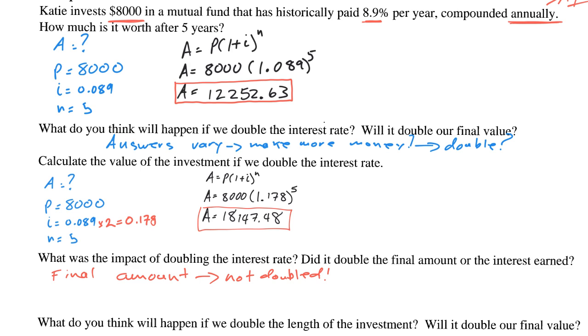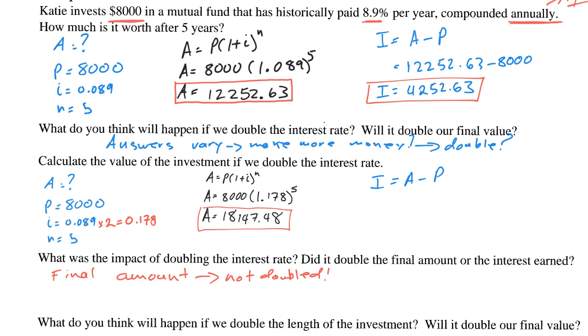So here's how we calculate the interest. I is equal to A minus P. We're just going to calculate that for each one of these. When we calculate the interest for the first one, we end up with $4,252.